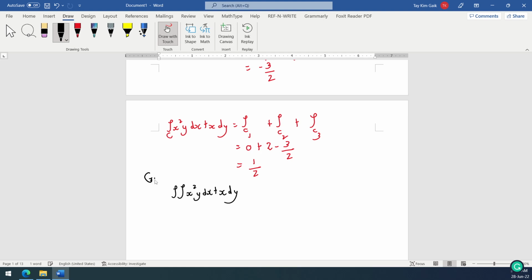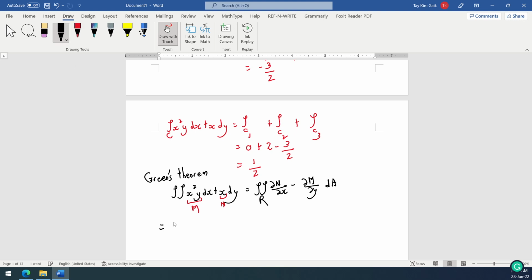Using Green's theorem, the double integral of del n del x minus del m del y dA over region R, where this is m and this is n.